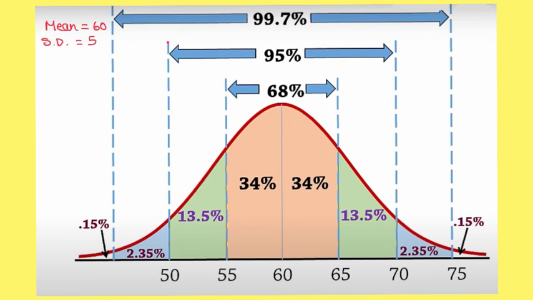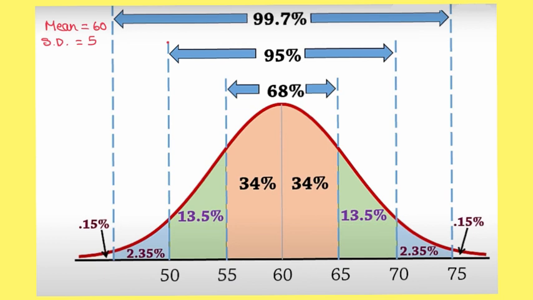In this example, we have some normally distributed data. It has a mean of 60 and a standard deviation of 5. Using the empirical law, we can show that between 55 and 60, there is 34% of the data. Between 65 and 70, there is 13.5% of the data.